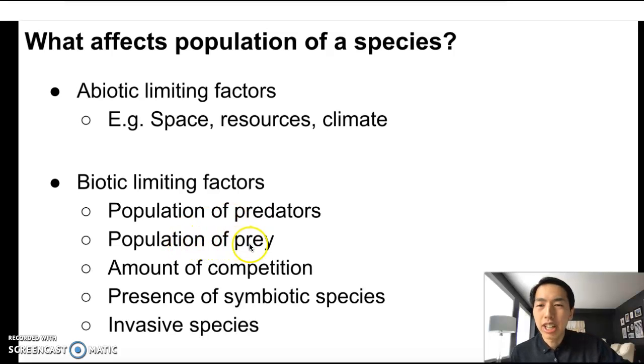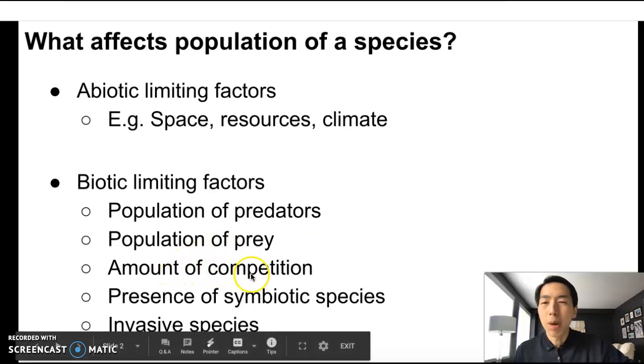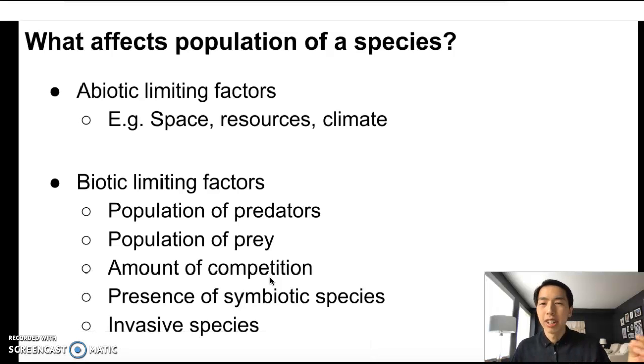How much prey you have in the area, that's your food source, that's going to affect your population as well. Also the amount of competition. You have your food source, but how many other species are also going after the same food source as you? Well, that's going to affect your population.